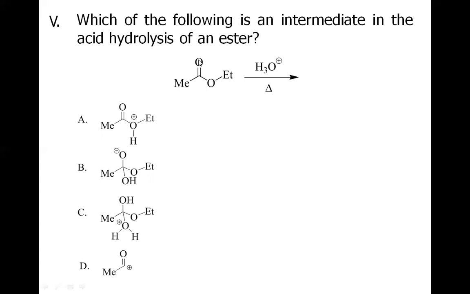It's simply because protonation at this carbonyl oxygen occurs because we have two resonating forms for that particular case. However, if the protonation occurs at this oxygen, there is no resonating form, hence no stability for that intermediate. So protonation always occurs at carbonyl oxygen. So option A is not the answer.